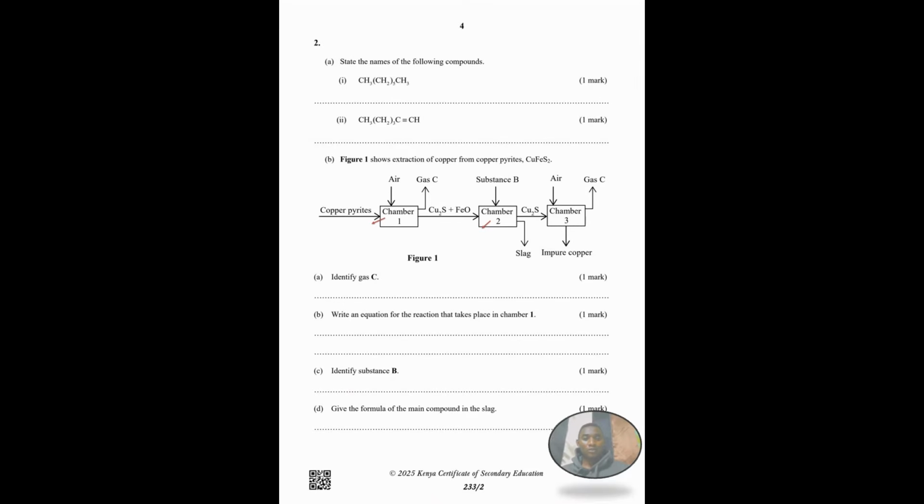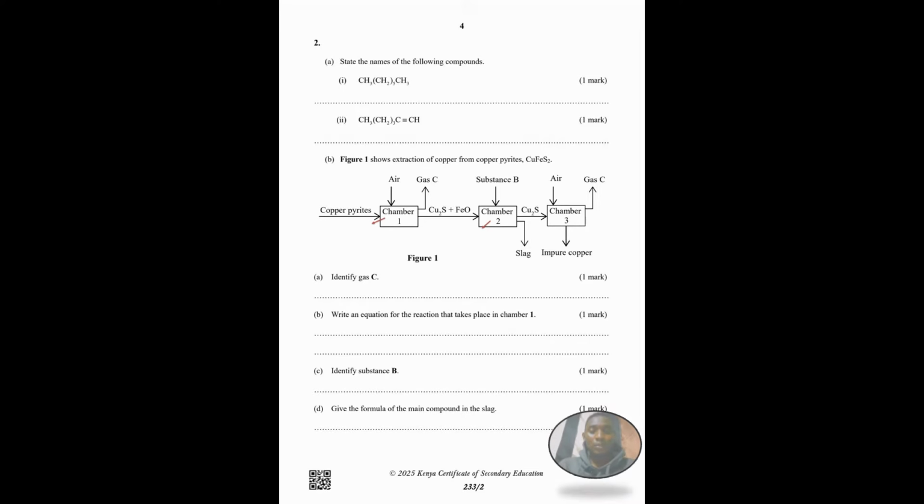Question 2. State the names of the following compounds. Roman 1. We have a compound with CH3, CH2 in bracket 5, and CH3. When you're given this kind of question, you can have rough work somewhere where you can have an illustration of the same.